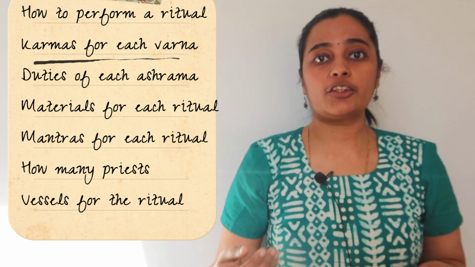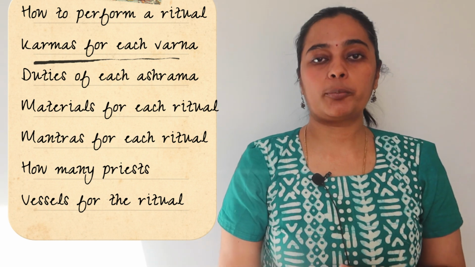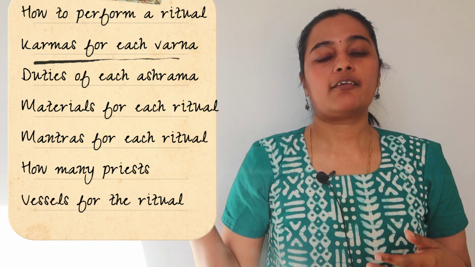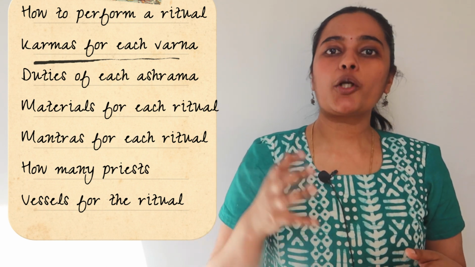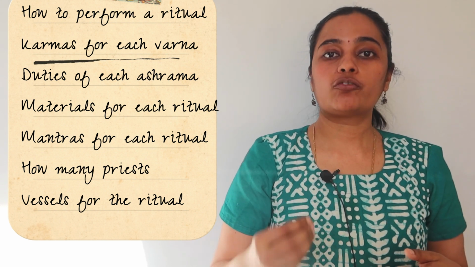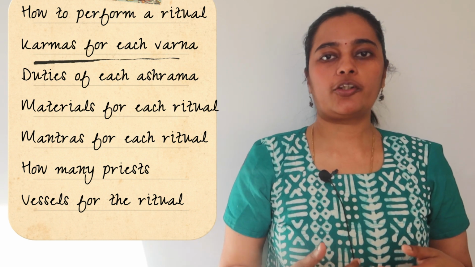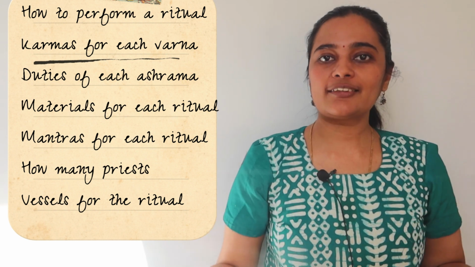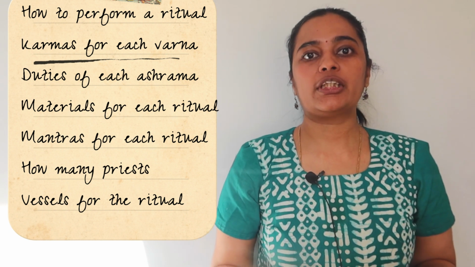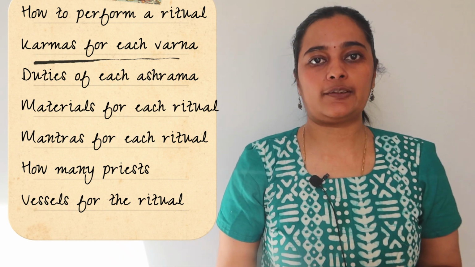So these are not just for one particular varna but for all, and what duties are to be performed by the 4 ashramas, Brahmacharya, Grihastha, Vanaprastha and Sannyasa, what materials are to be used in each ritual, which ritual involves which mantra, how many priests should perform a particular ritual, and also what vessels are to be used in a ritual, including the description of the shape and size of the vessel, are all mentioned in the Kalpa Sutras.